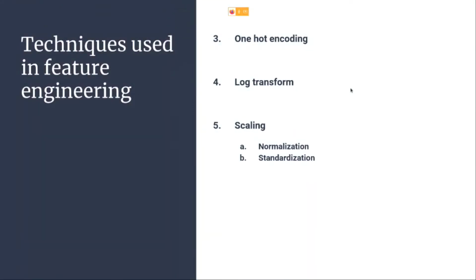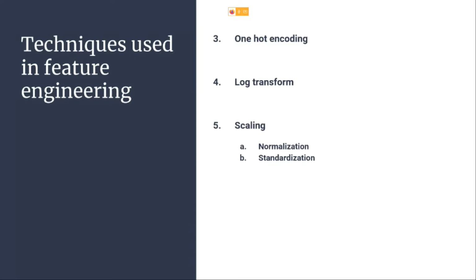And one more thing is scaling, normalization and standardization. I hope that is a very simple yet important concept. For normalization, if x is the variable or feature, we use the formula (x minus x min) divided by (x max minus x min).